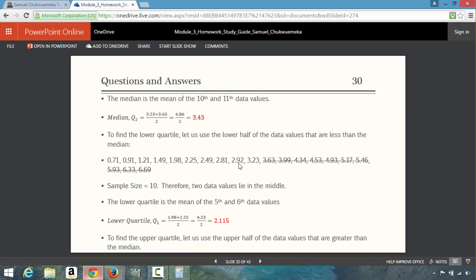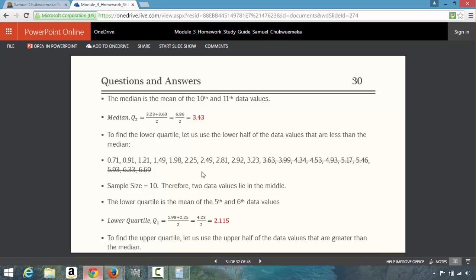You have 1, 2, 3, 4, 5, 6, 7, 8, 9, 10. So it will be the 10. You have 10 divided by 2 is 5. So take 4 out. 1, 2, 3, 4 out here.